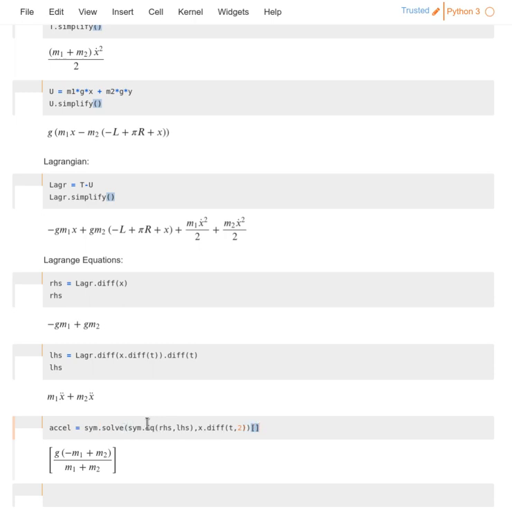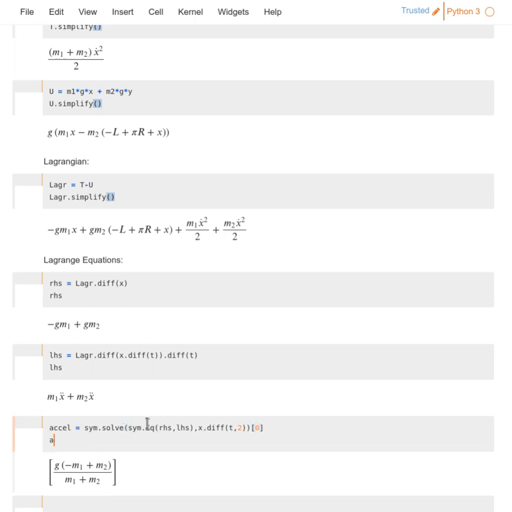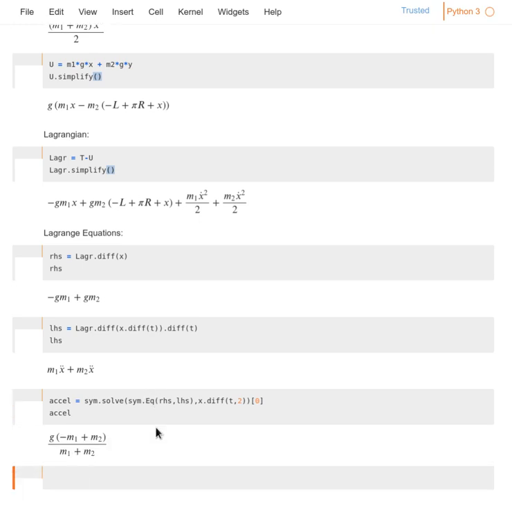And there's only one solution there, so I'm just going to grab that first one. So we got something that looks like that, a nice constant acceleration. And from this point, if all you wanted was the equation of motion, you could stop here.